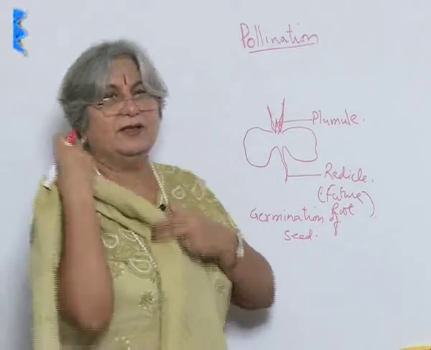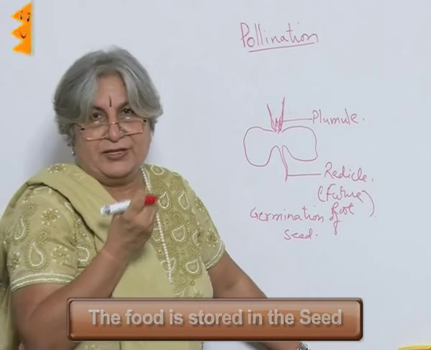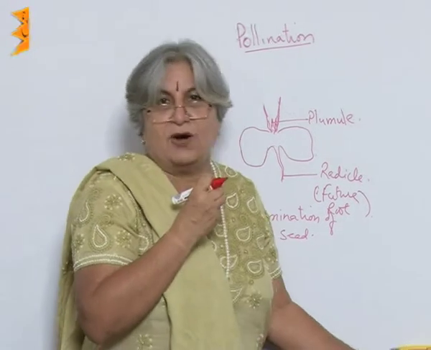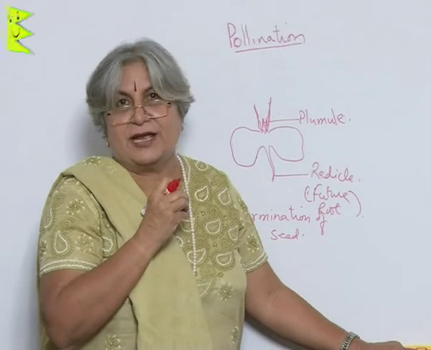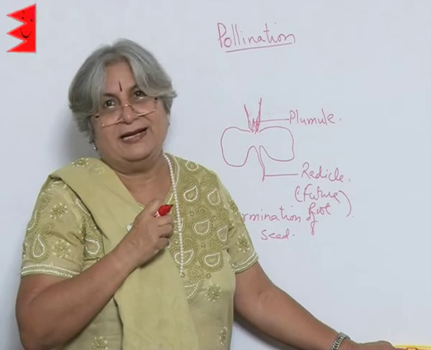And that is how the new plant comes. The food is stored within the seed. So, initially when the plant is very small, it does not have leaves, it cannot make its own food, then it draws food from the seed leaves.